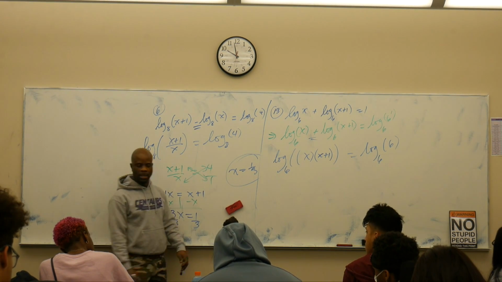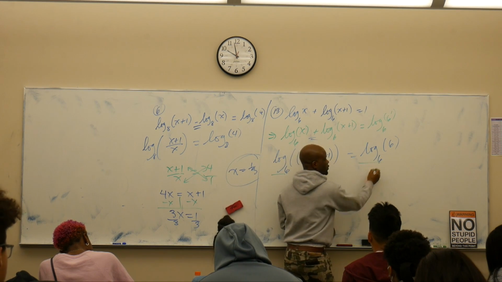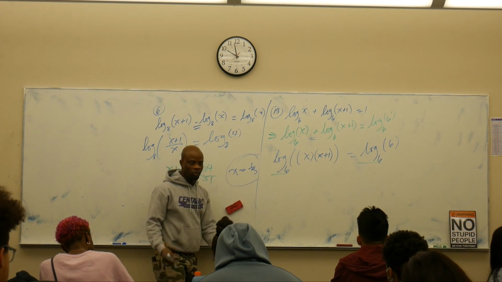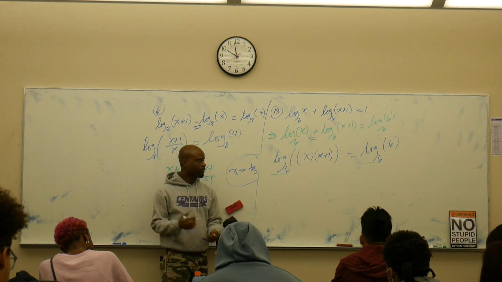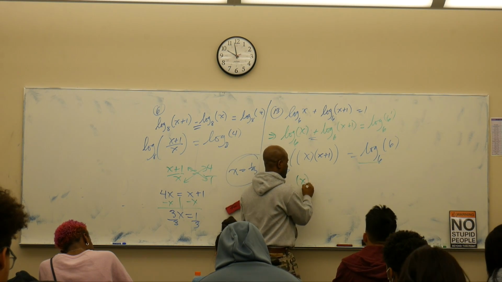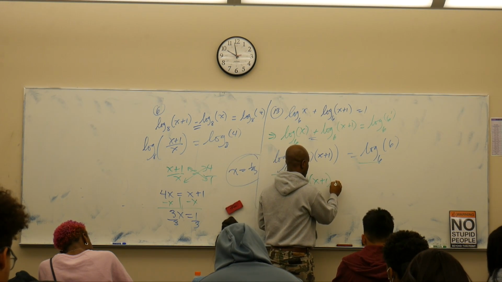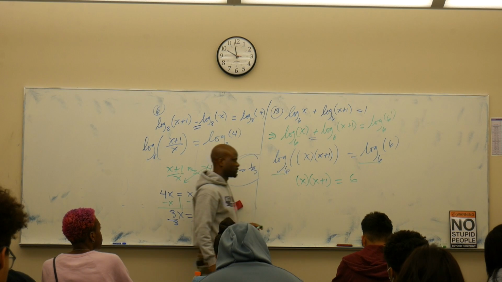So we can just deal with their arguments. So we got x times x plus 1, and we say that should give us a 6.